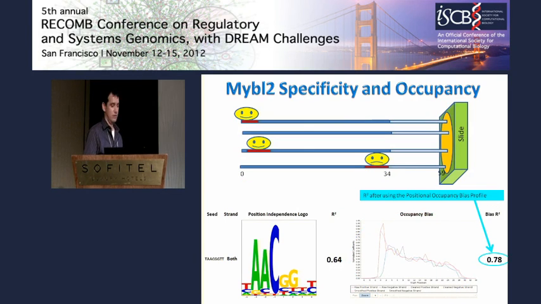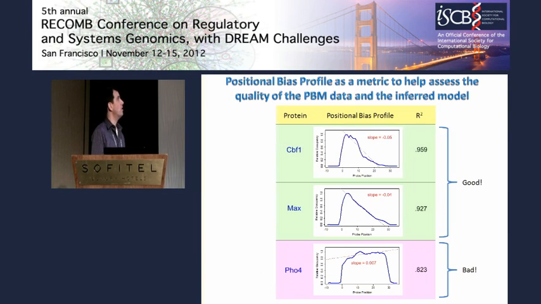Now, one of the things we noticed right away is that we also saw a strong correlation between these positional bias profiles and the R-squared to measured MITOMI KDs. MITOMI is another in vitro protein-DNA binding assay pioneered by the Maerkl and Quake labs.